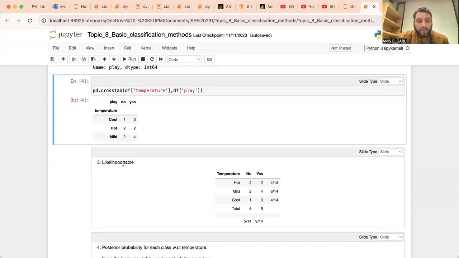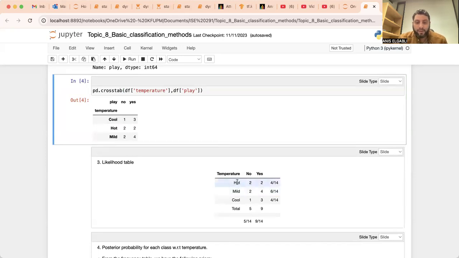From that, we can compute the likelihood table, the probabilities. Here we are showing all the choices for the temperature. So we have hot, mild, cool. It's the same thing, we just flip the order here. These are the choices for the temperature, and these are the choices for the target variable play. It's either no or yes.